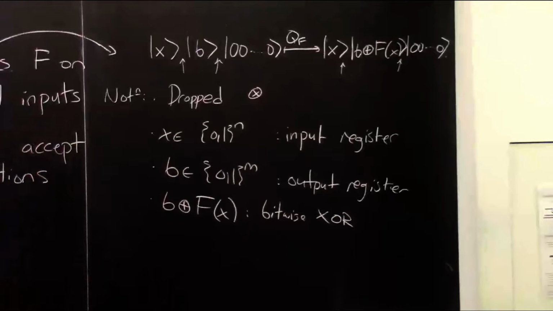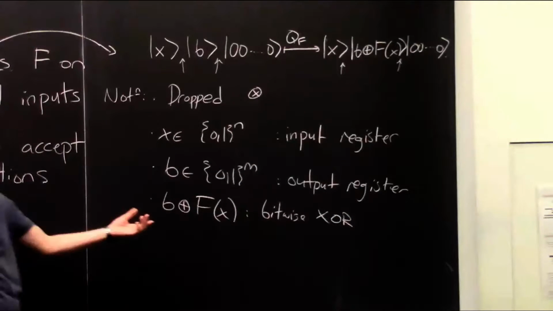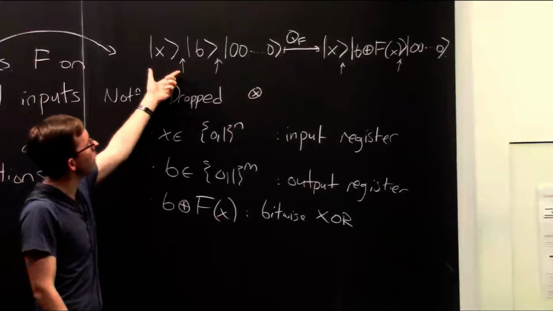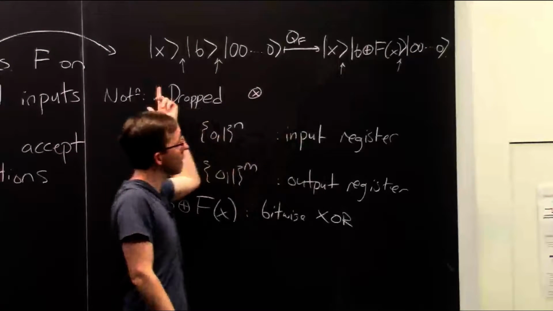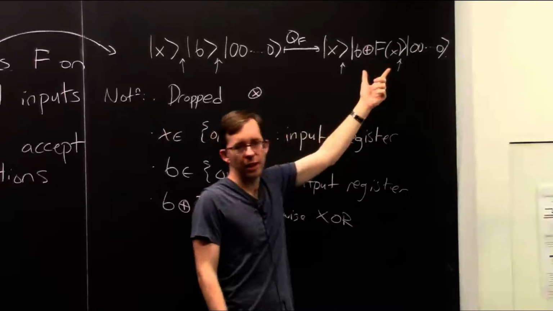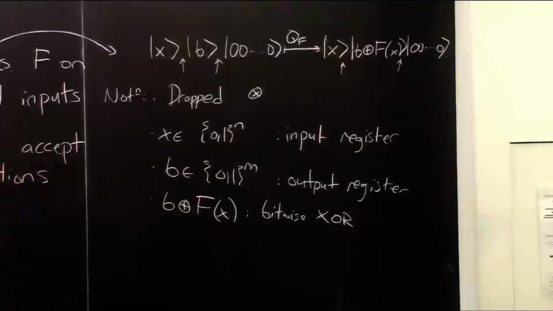Okay, so if b is all zeros, then this is just f of x, and that's the answer. But we have to have it compute in this funny way where the input is maintained, and the answer is put into the answer register in a bijective fashion, so that this whole operation will be reversible, and thus potentially doable by a quantum computer.